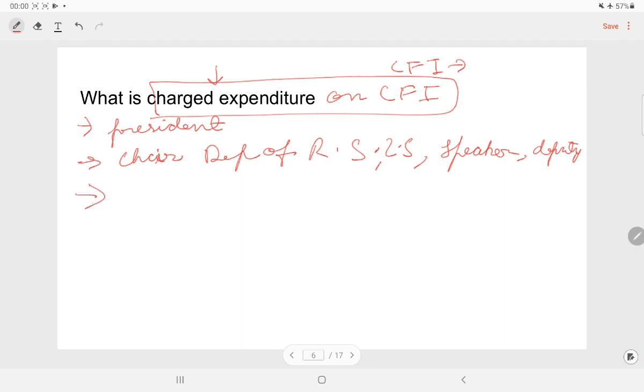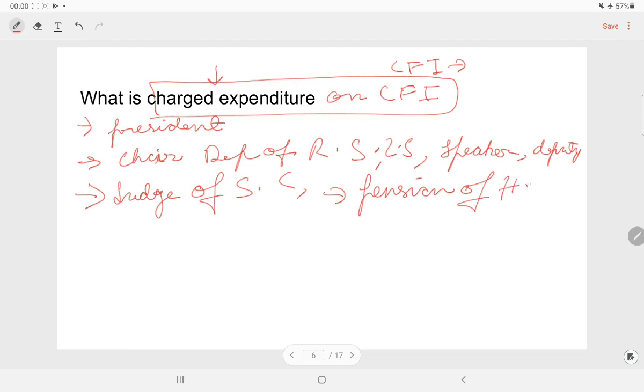Similarly, the judges of the Supreme Court, and the pension of the judges of High Courts. Here the keyword is pension of High Court judges.